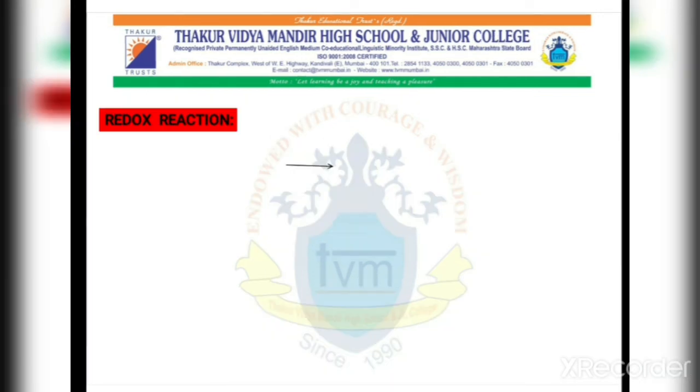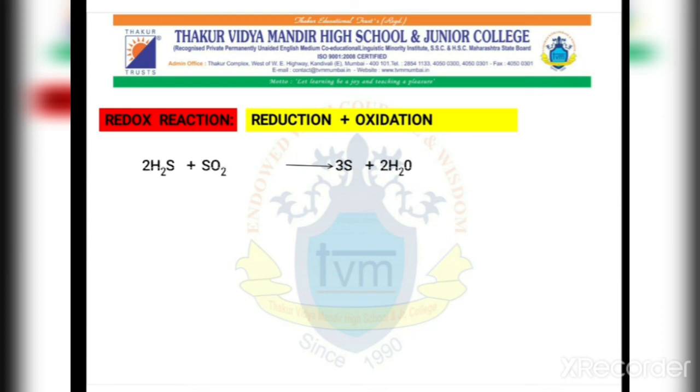Redox reaction, the name itself tells us that it contains reduction as well as oxidation. So a reaction which carries out reduction as well as oxidation is called a redox reaction. A simple example is hydrogen sulfide combines with sulfur dioxide and gives you sulfur plus water.